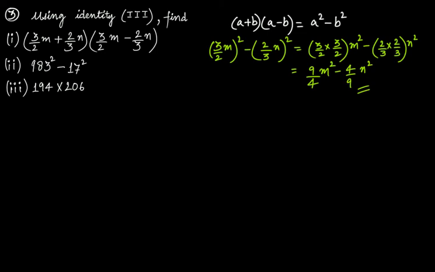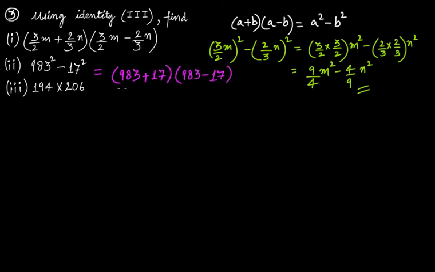For the second one, this is 983 squared minus 17 squared. Now, if you look at this carefully, you'll find that here you have been given a squared minus b squared. So 983 squared minus 17 squared will be equal to 983 plus 17, that is a plus b, multiplied by 983 minus 17, that is a minus b.